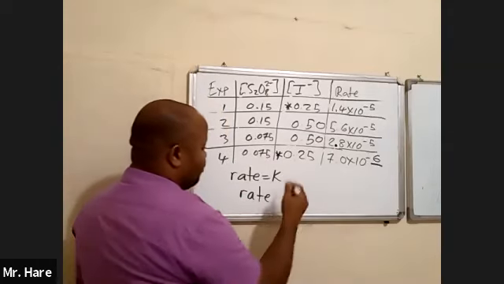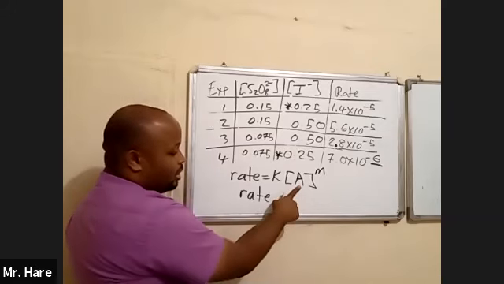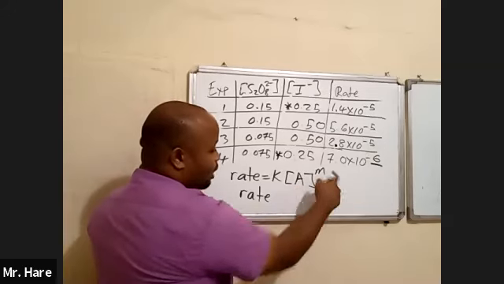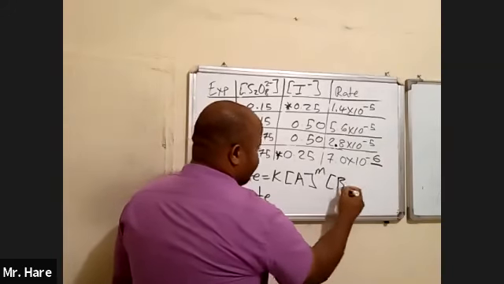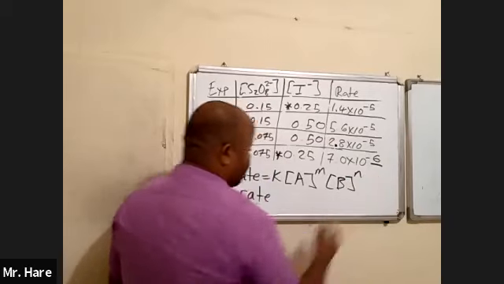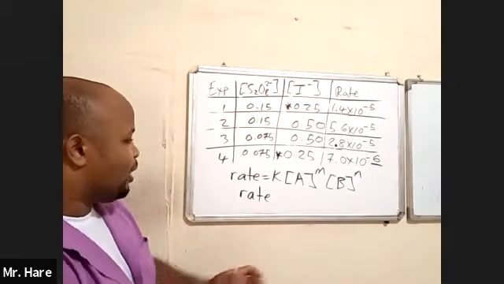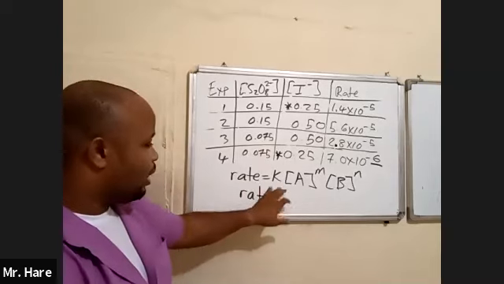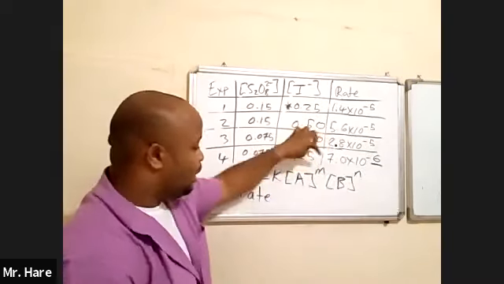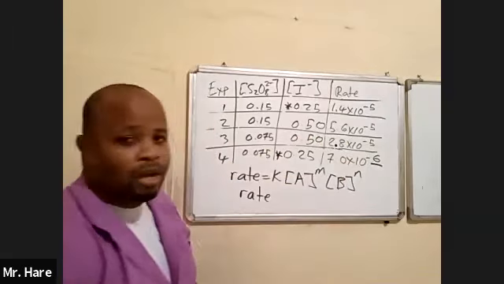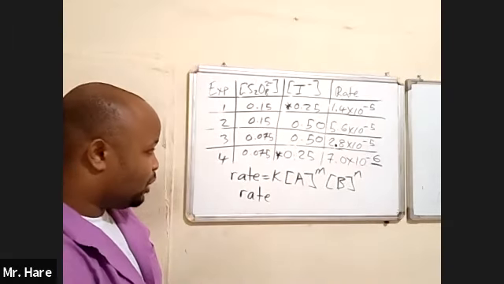Rate is equal to k, A to the m, where A is the concentration and m is the order of reaction, B to the n. M and n are the orders of the reaction.